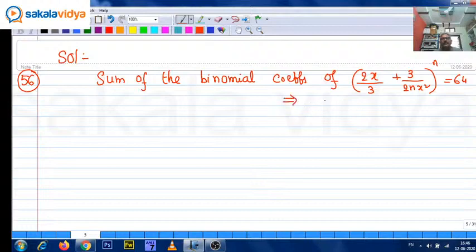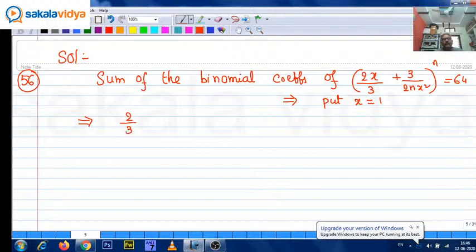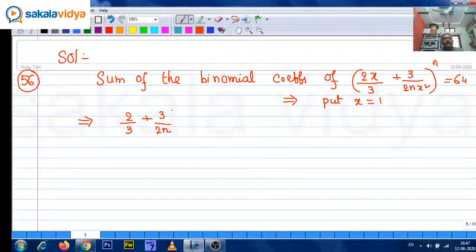That implies put x is equal to 1. Then we get (2 upon 3 plus 3 upon 2n) whole to the power of n equal to 64.